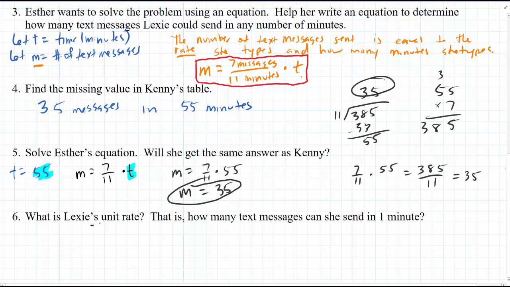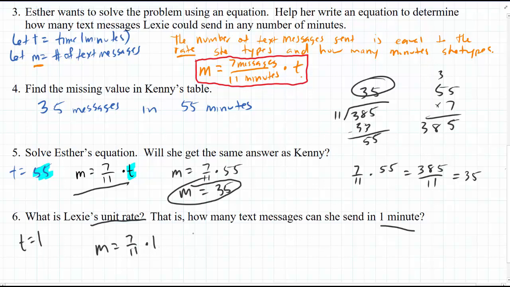Okay, so what's the unit rate? That's how many text messages can she send in 1 minute. Okay, and let's go ahead and use this equation again. m equals 7/11 times t, but instead of t, the time is now 1, because remember, unit rate means for every single unit, so times 1.